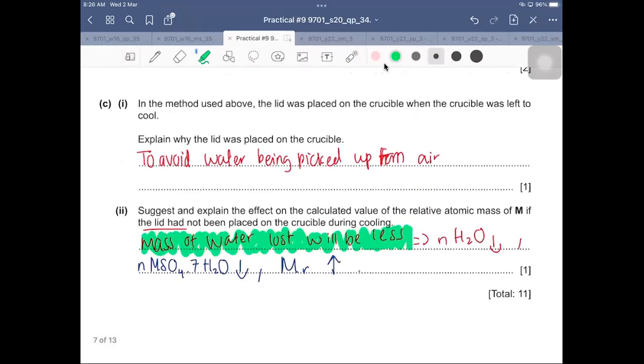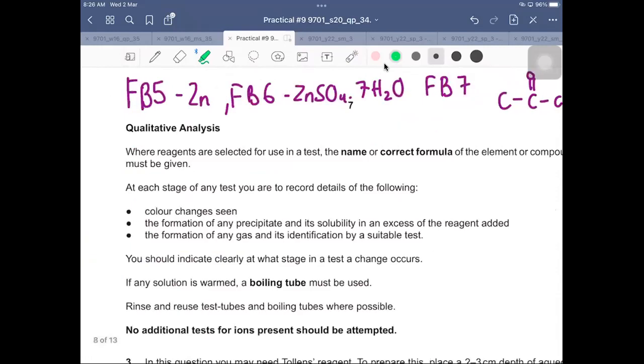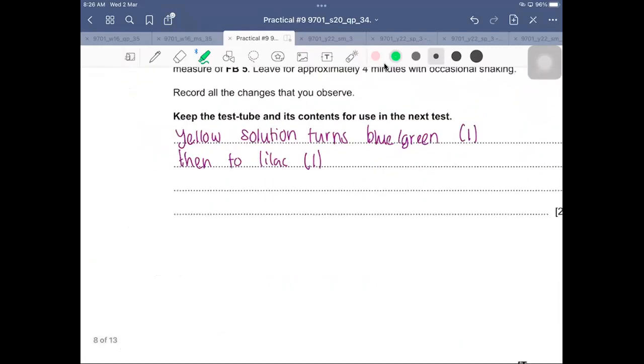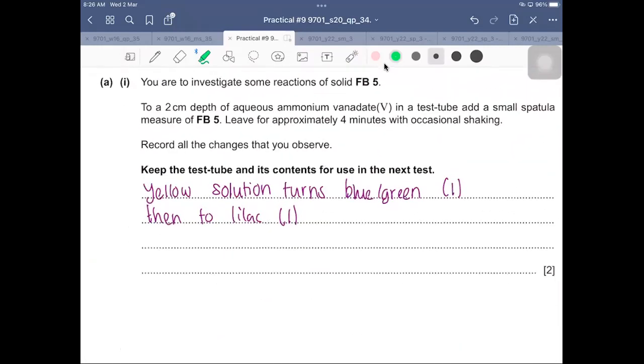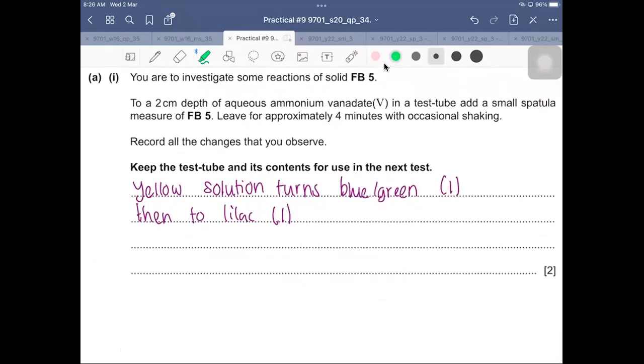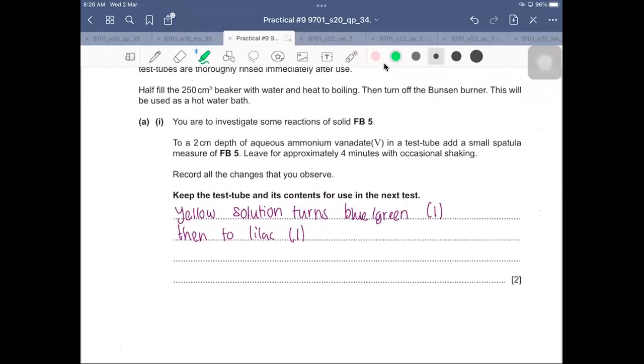Right. For question 3, I don't remember. Have you checked? Have I given you the expected observation? Okay. So you can check. For the first one, you should have seen your yellow solution turning blue or green, and then to lilac.